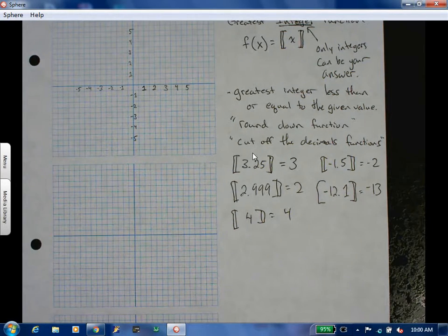This actually is a pretty cool graph. It's not just a boring old V or anything like that.